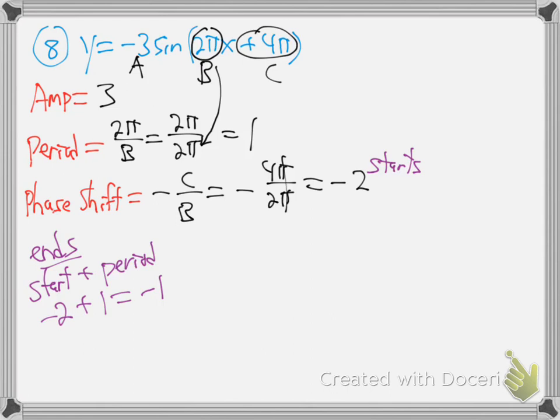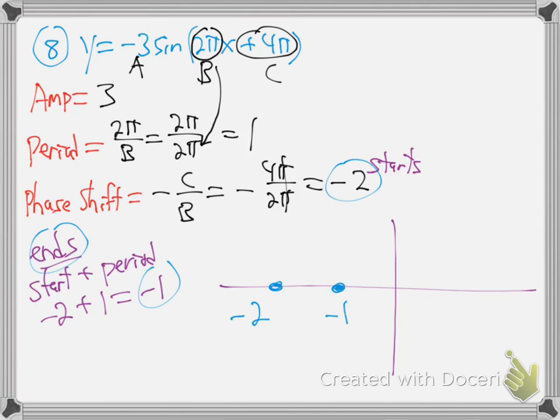So now we can go to the graph. Let me move that over a little bit. It's all on the negative side. So it starts at -2 and ends at -1. So the graph's going to go between -2 and -1.